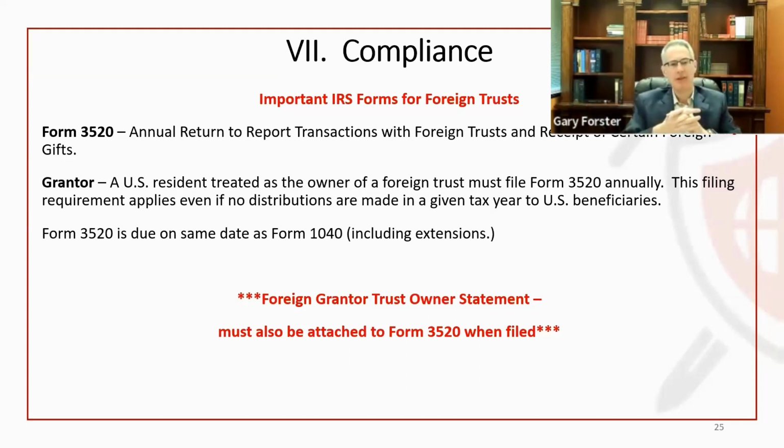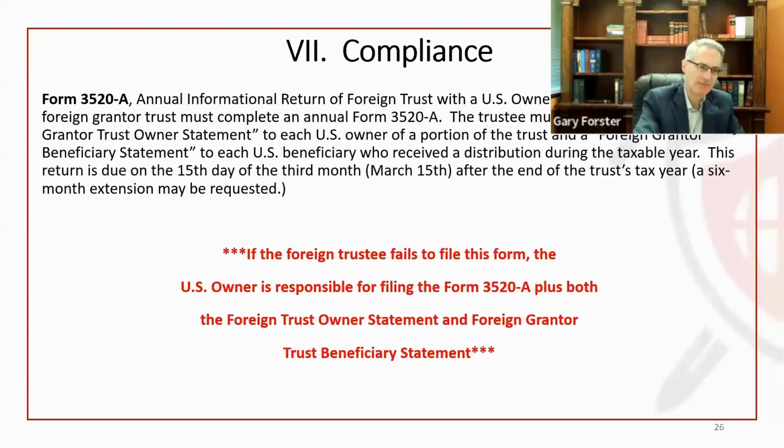This form 3520, it's this matching form where if we have a foreign trust, the trustee has to file it, the beneficiaries have to file it, sometimes the grantor has to file it. It's so that the IRS knows exactly what's going on in that trust. It's quite a lot of information, and you have to file it every year. All those people have to file it every year.